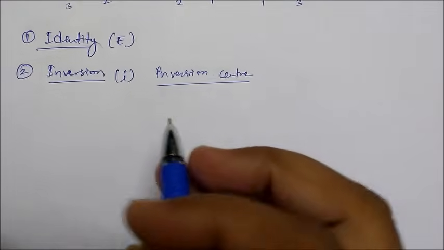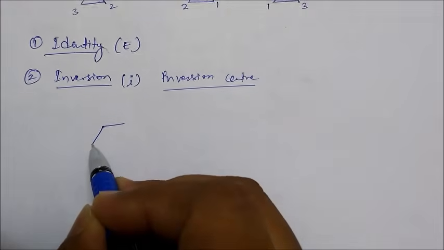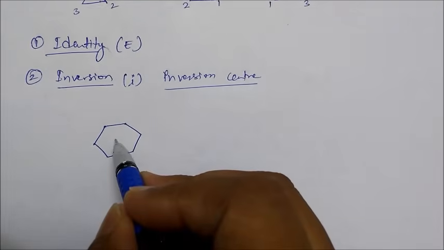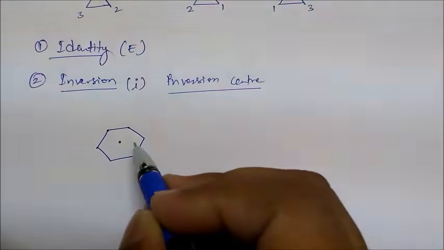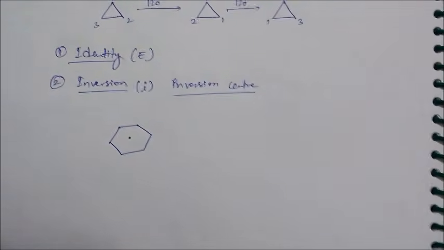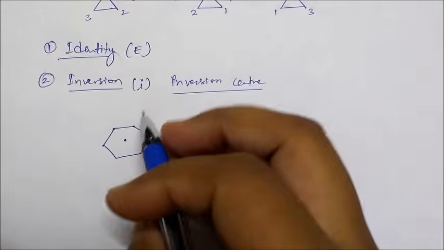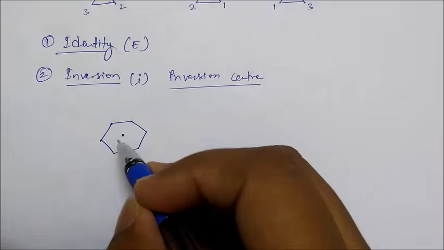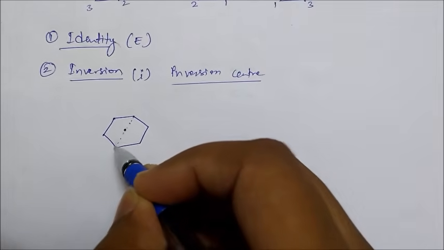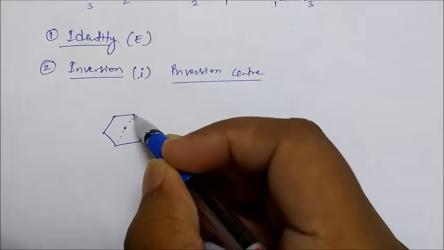For example, let's take a benzene molecule. There is a center in this molecule such that this and this are both at the same distance from it.